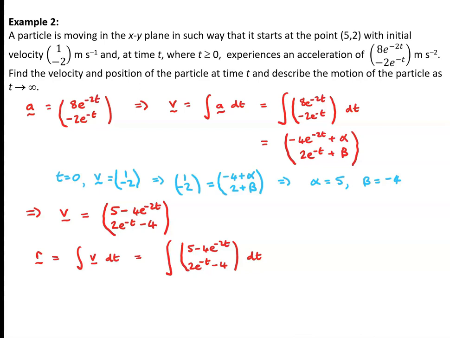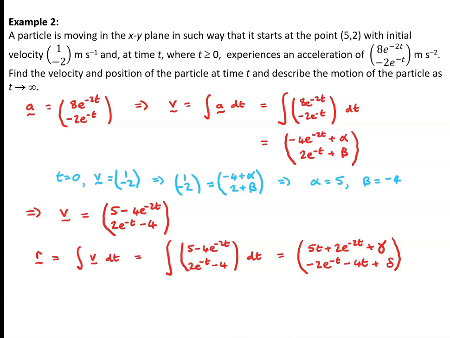The integral of 5 - 4e^(-2t) is going to be 5t + 2e^(-2t) plus a constant. I've used the letter gamma for the constant. The integral of 2e^(-t) - 4 is -2e^(-t) - 4t plus a constant which we've written as delta.